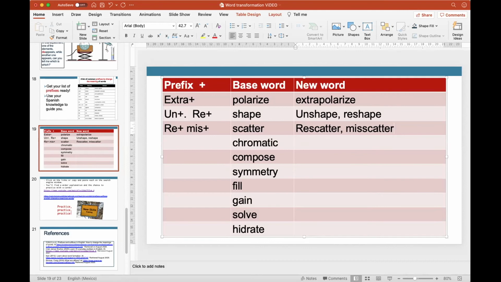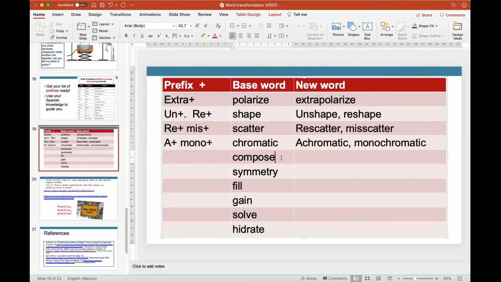Chromatic, hay una muy fácil. Achromatic, que sería sin color, ¿no? Another one. Monochromatic. Sorry, I couldn't hear. Y desde luego poly, ¿no? Polychromatic.